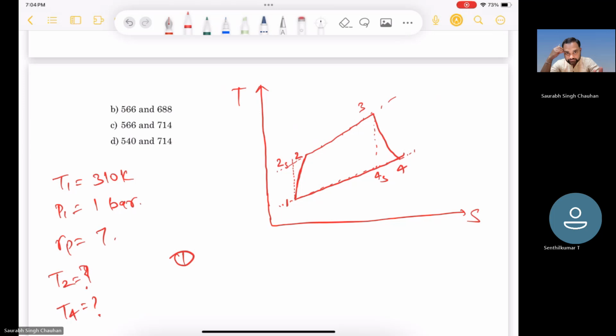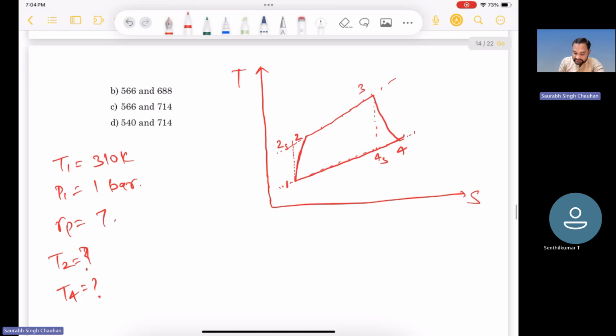So in the ideal case, I should write T2S equals T1 into Rp, that is the pressure ratio, to the power gamma minus 1 by gamma, right?